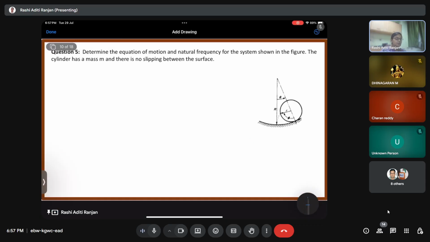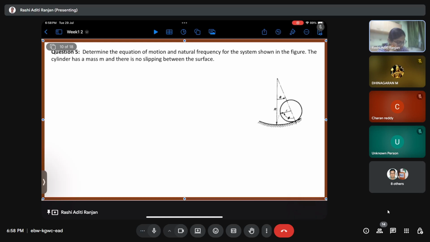Coming on to question number 5, wherein we have to determine the equation of motion and the natural frequency for the system shown in the figure. The cylinder has a mass m and there is no slipping between the surfaces.